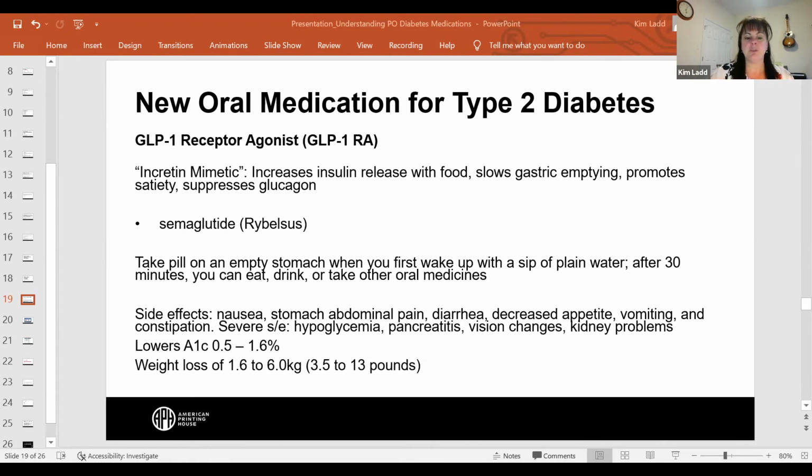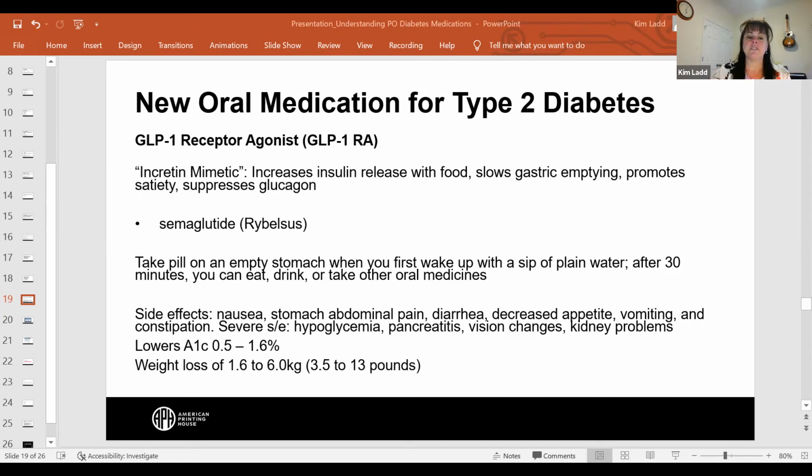You do want to take this pill on an empty stomach when you first wake up with a sip of plain water. Then you need to wait 30 minutes before you eat, drink, or take any other medications. Side effects of Rybelsus are nausea, stomach or abdominal pain, diarrhea, decreased appetite, vomiting, and constipation. Severe side effects are low blood sugar, pancreatitis, which is inflammation of your pancreas, vision changes, or kidney problems.